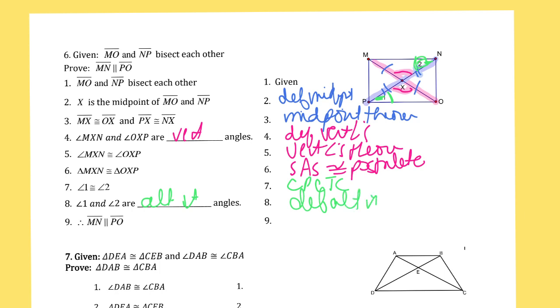And if you've got alternate interior angles that are congruent, then the lines have to be parallel. So that's what those three dots mean: therefore the lines are parallel by the converse of the alternate interior angles theorem.